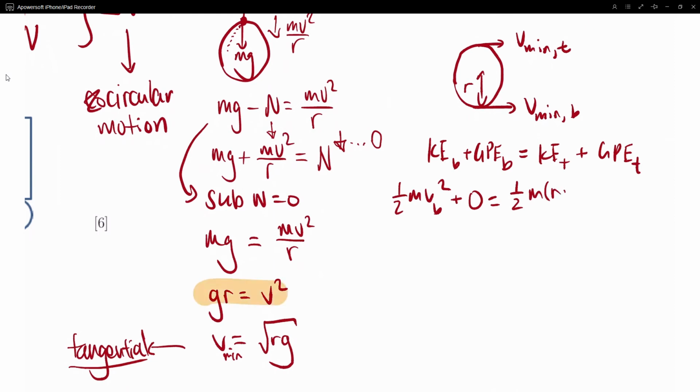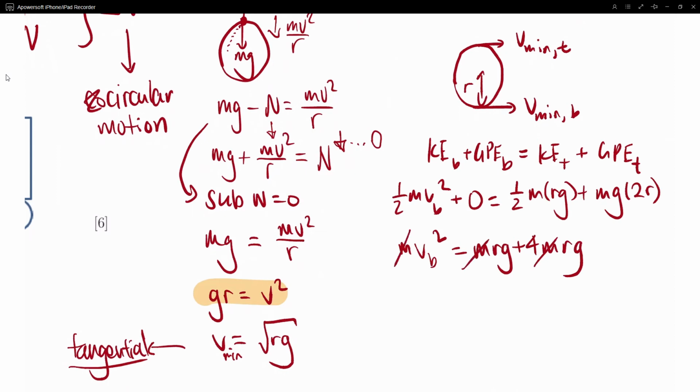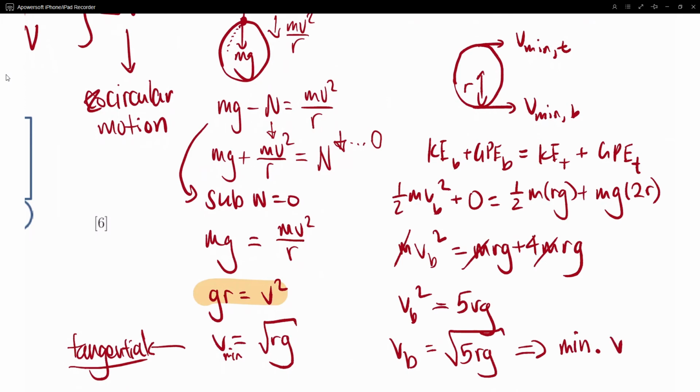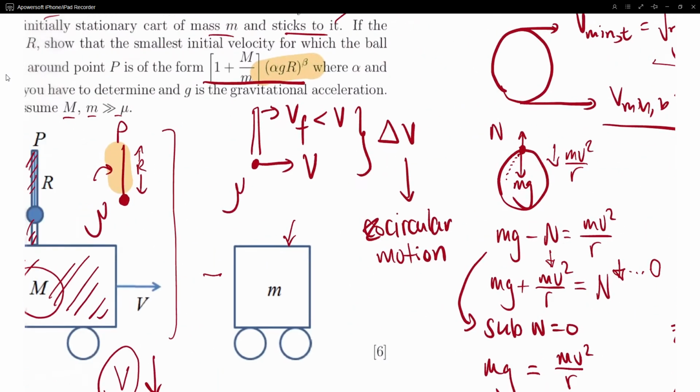We can replace it with rg plus GPE at the top, which is mg times 2r. Multiply everything by 2. We get m vb squared is mrg plus 4mrg. Cancel the m: vb squared is 5rg. vb is going to be root 5rg. So this is your minimum velocity at the bottom if you want to complete the circular motion.